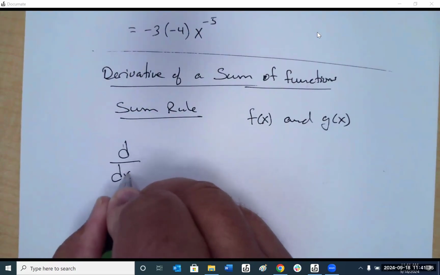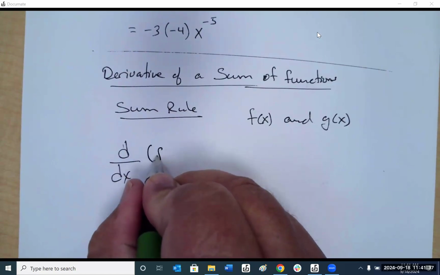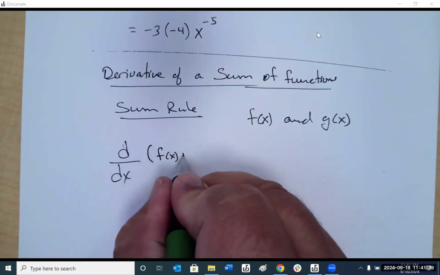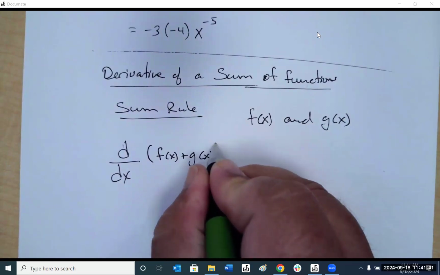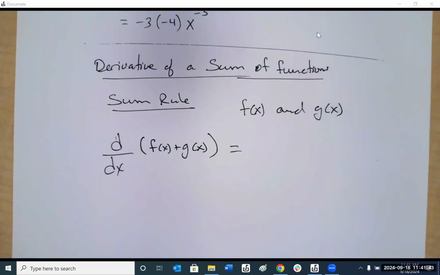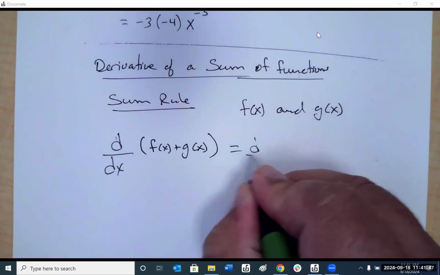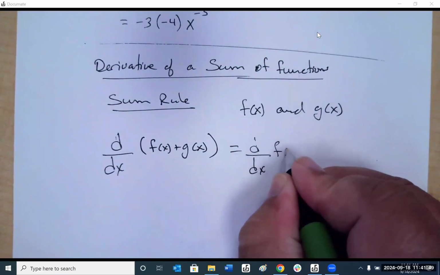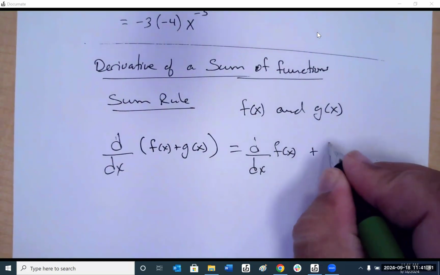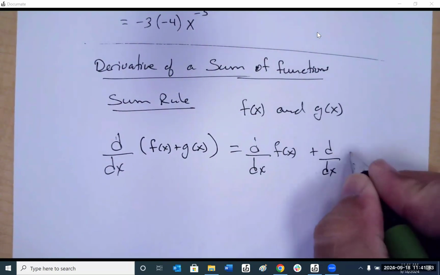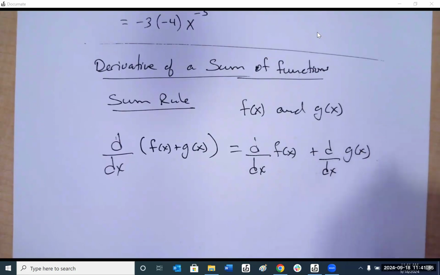So the derivative with respect to x of f of x plus g of x equals the derivative of f of x plus the derivative of g of x.